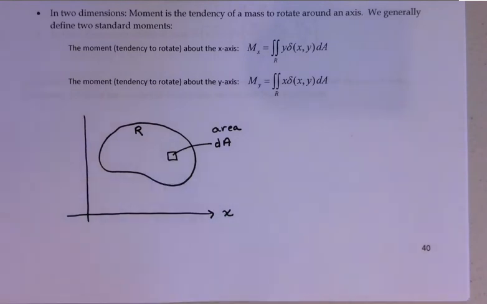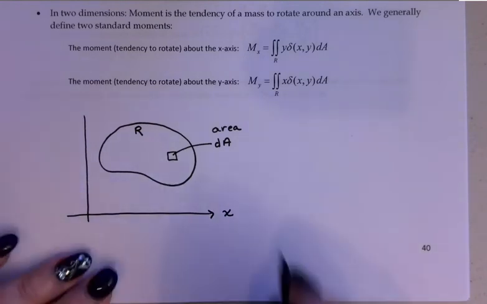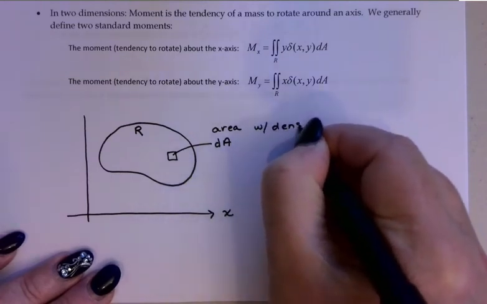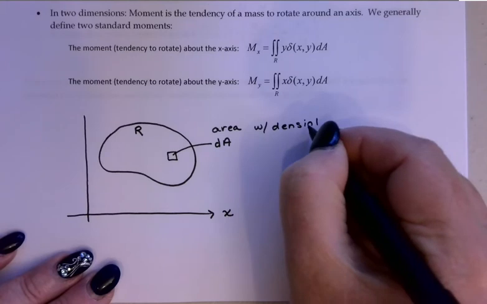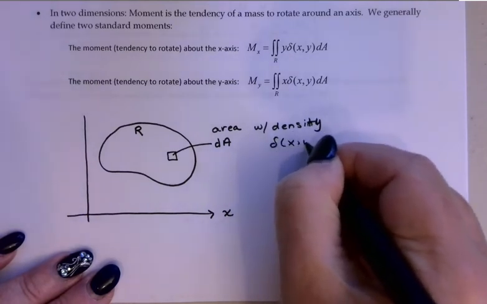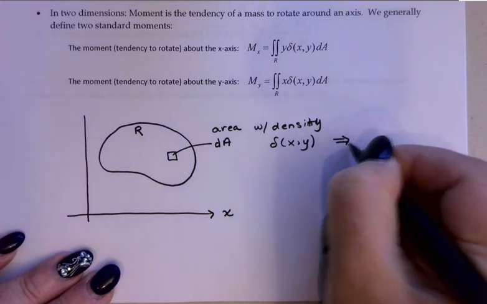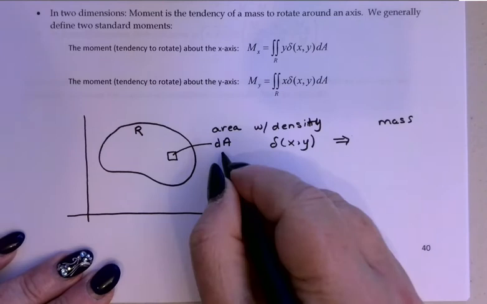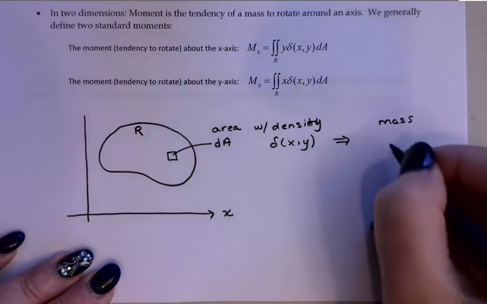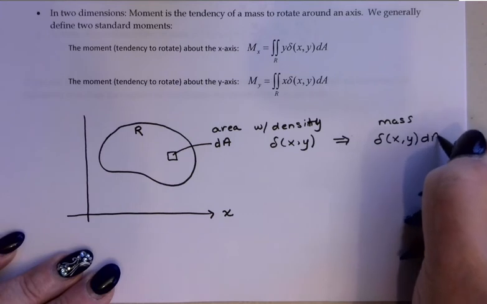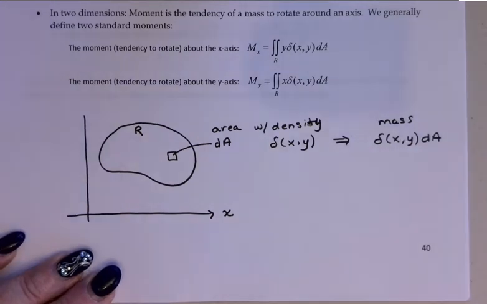So let's think about that little piece for a moment. If that area dA has a density function, delta of x and y, then the mass of that little tiny piece is density times area, or delta of x and y, dA. Now what about distance?